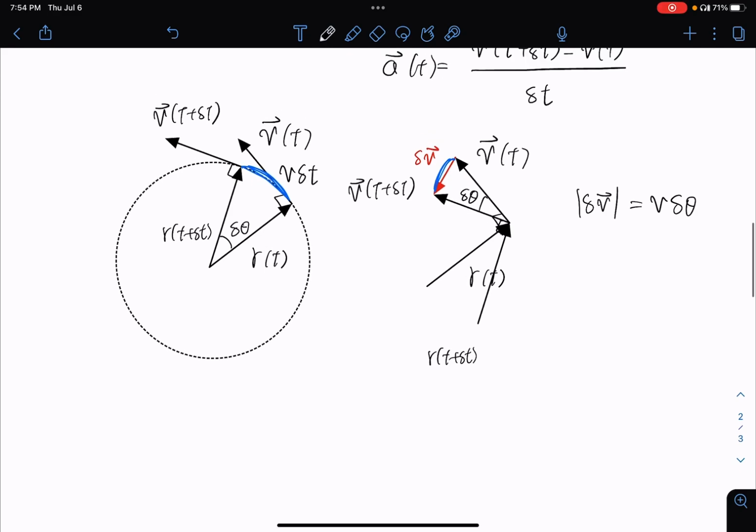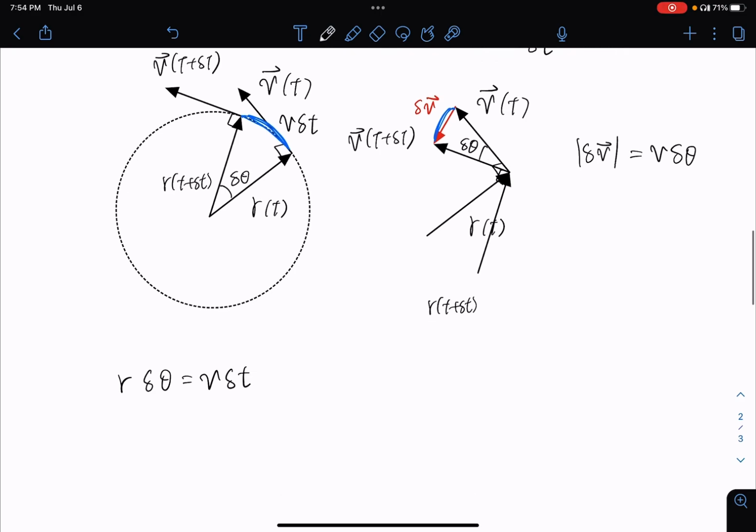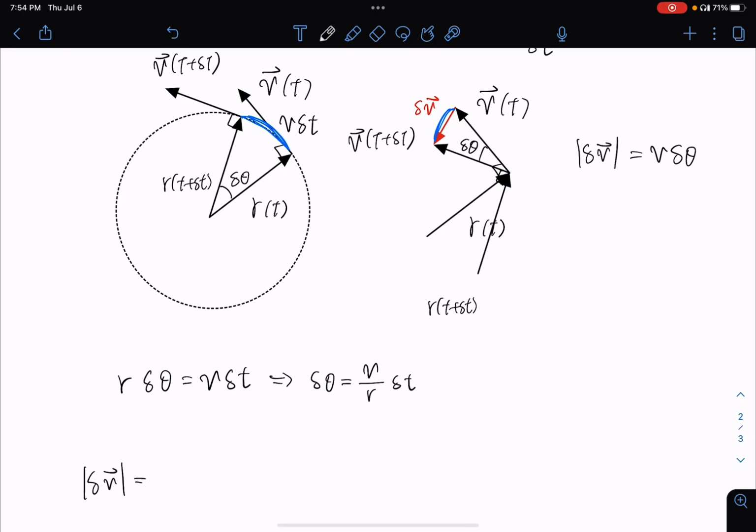But we also learned that it is going to be the radius times this angle. So the radius times delta theta equals v delta t. And then we can replace delta theta with v over r times delta t and plug it in here. So the change of velocity will have a magnitude of v over r times v delta t, and that is v squared over r times delta t.